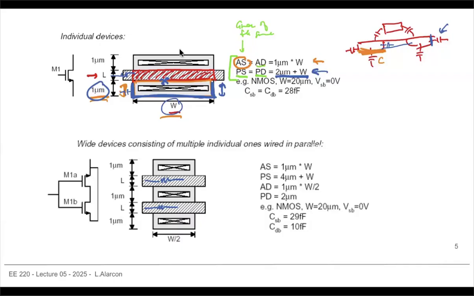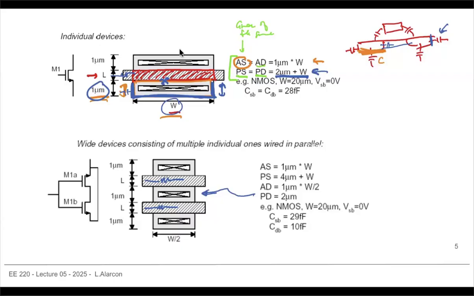At the same time, notice that the capacitance here will have very little perimeter. The perimeter of this drain is just going to be 2 micron, because you sort of hid the perimeter there.